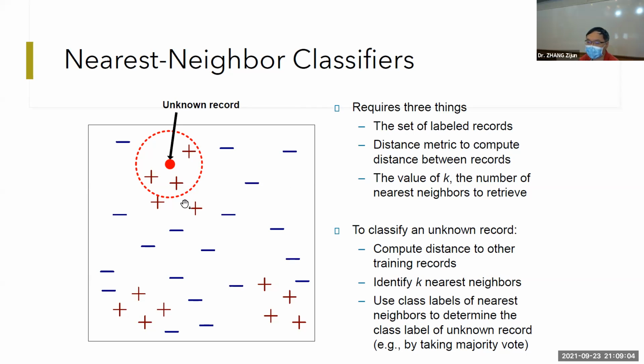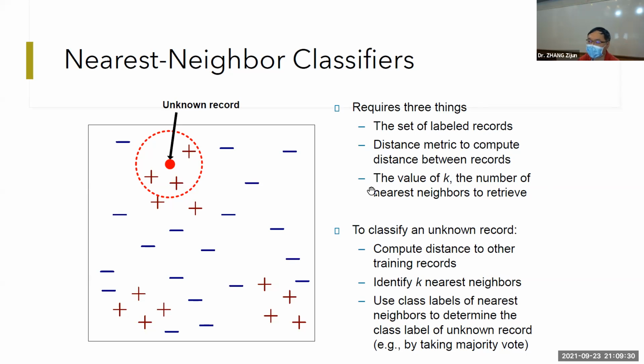This distance is mainly utilized to find the neighbors of this unknown data point. The third thing is we need to set the value of k, to decide the number of nearest neighbors that we would like to use to make a decision on the class of this unknown data point.